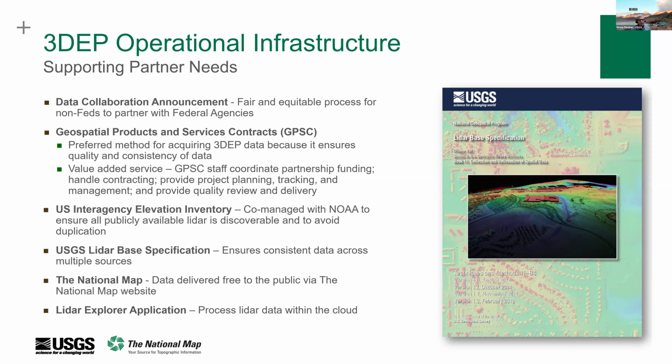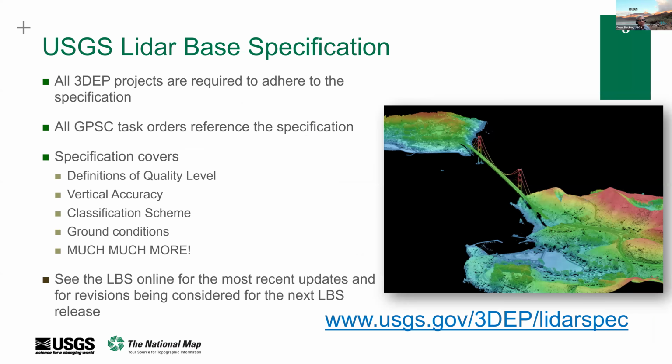We have the U.S. Interagency Elevation Inventory, which we work on with NOAA, and that provides information on all the discoverable LiDAR out there. We have LiDAR base specifications. We have The National Map, which distributes all of the data so that other organizations don't have to. And we have the LiDAR Explorer application, allowing people to process LiDAR data within the cloud and view the point clouds as well.